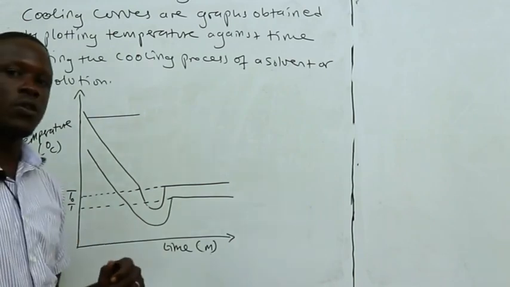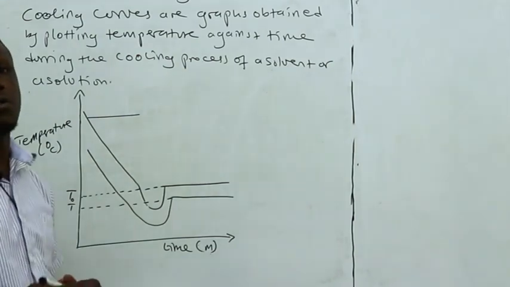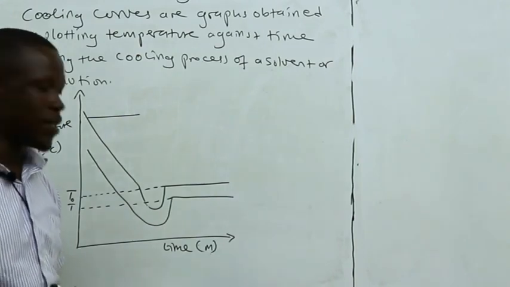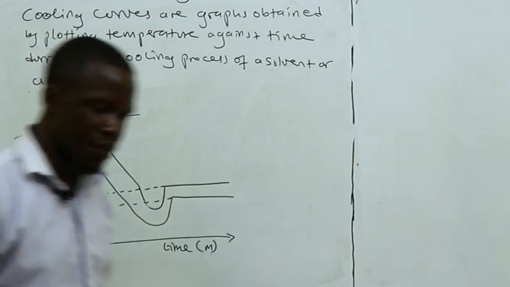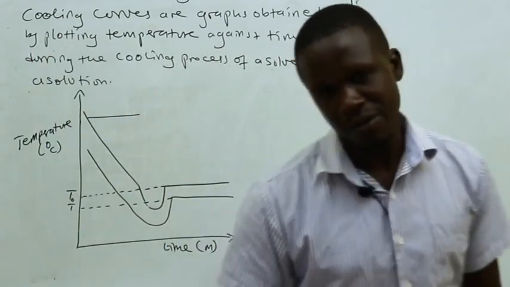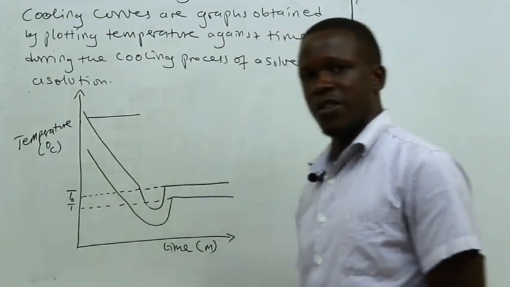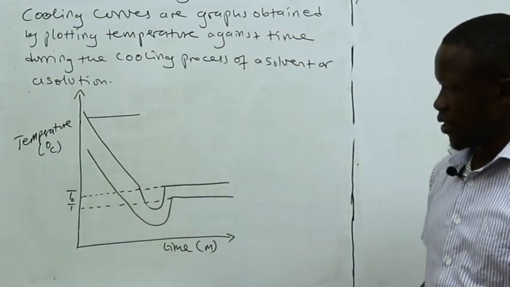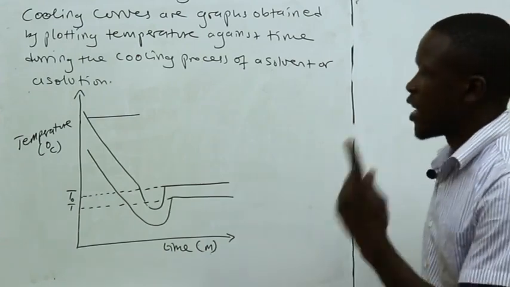Because the freezing point of the solvent is higher than the freezing point of the solution. This is what we call the effect of adding a non-volatile solute to a solvent, that this non-volatile solute will lower the freezing point of the solvent. So actually the freezing point of the solution is lower than the freezing point of the solvent.